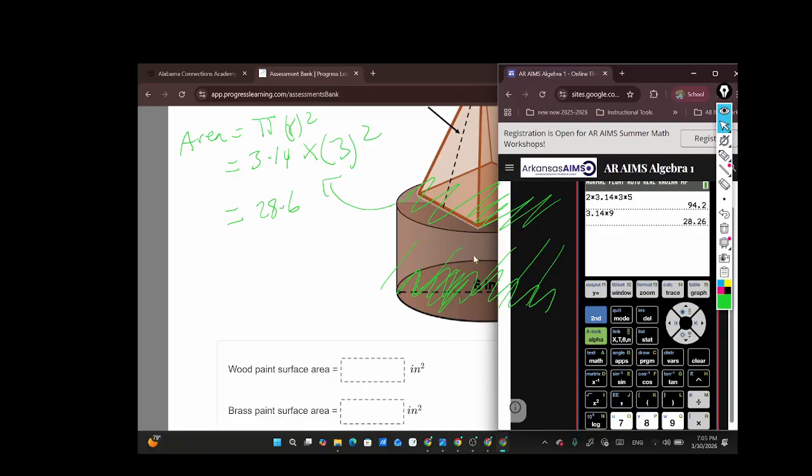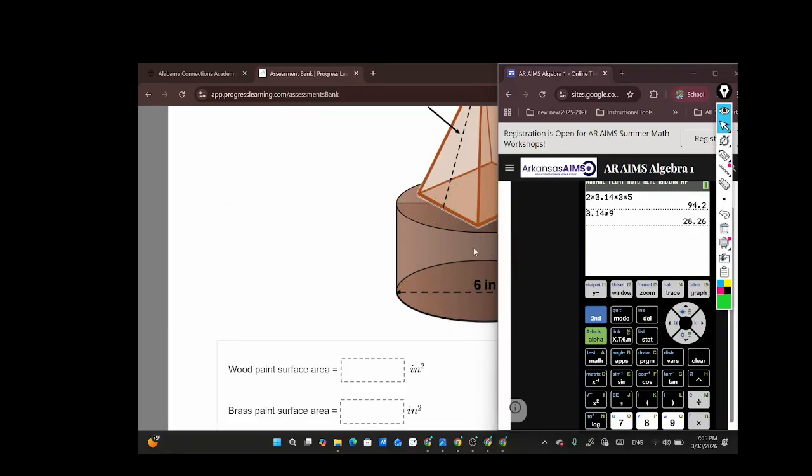The surface area will be the lateral area plus the area of the top. If we add them together, 94.2 added to 28.26, the answer is 122.46. So remember this number.